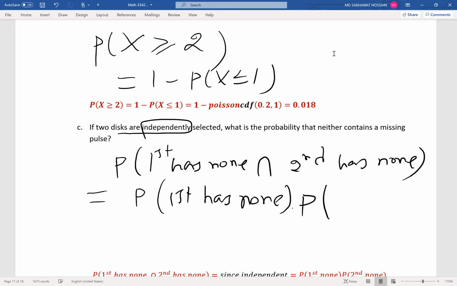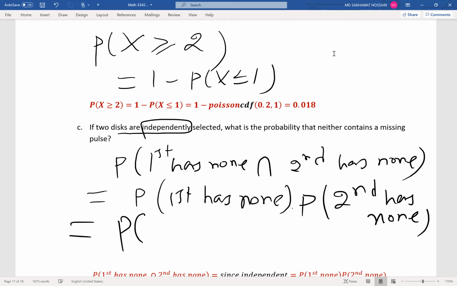So the probability that the first has none and the second has none: the first disk has no missing pulse, so x is exactly 0, times the second has no missing pulse, x is exactly 0. So we are finding the probability of x equals 0 times the probability of x equals 0.